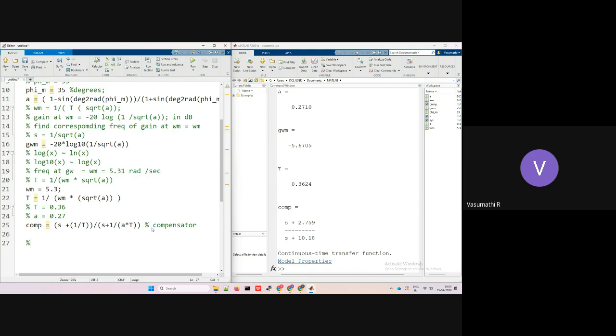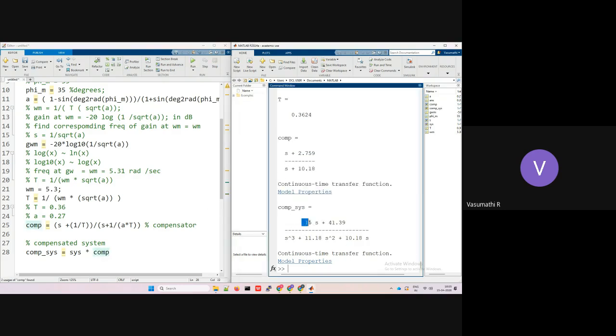Now I want to find the compensated system, that is comp system, equal to my G, what is the system? That is G of s into my compensator. Let's see how it looks.